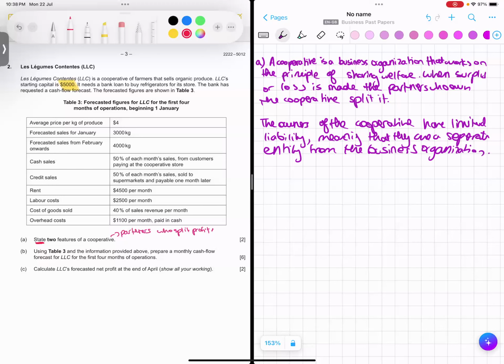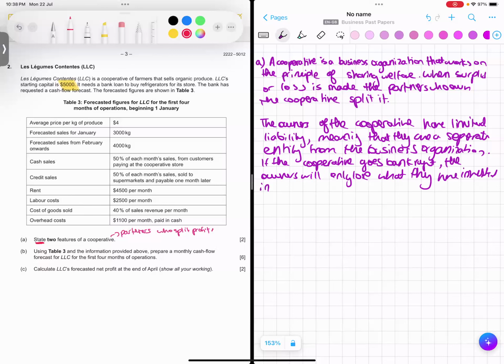If the cooperative goes bankrupt, the owners will only lose what they have invested in it.